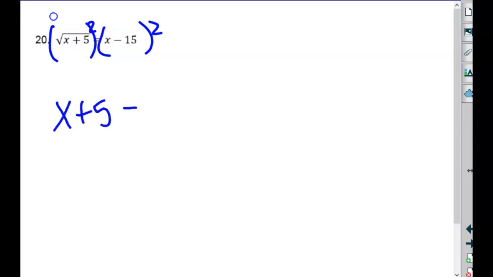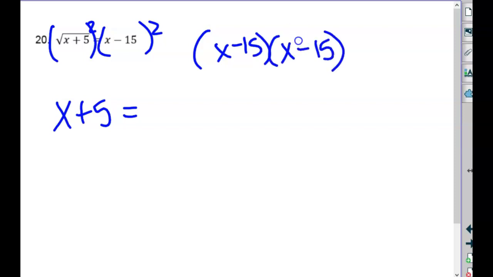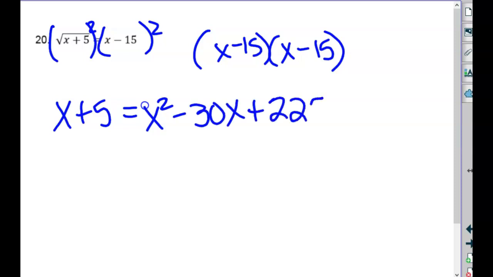What do we do on number 20? Square both sides. When you square the left, you get what? But when you square the right, minus 30x plus 225, 15 times 15.